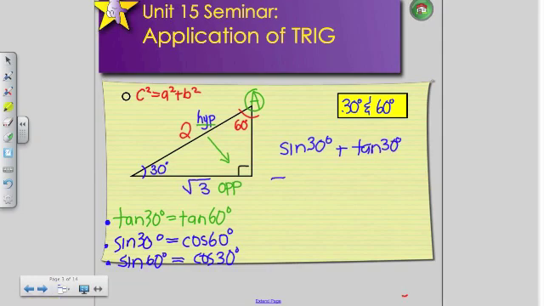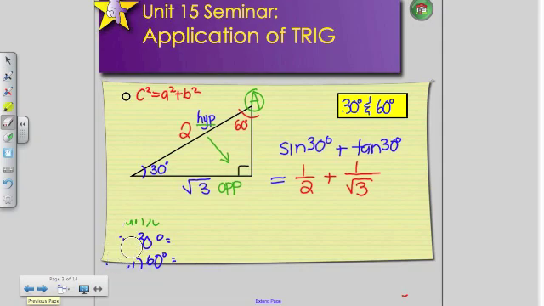So if you have something like that, well, I know that my sine of 30 degrees is 1/2, and tan of 30 degrees is 1 over root 3. Okay? So one way of solving this, you guys haven't learned about conjugates yet. That's a grade 11 concept. You could get part marks for leaving it like this, or you could write in a common denominator.